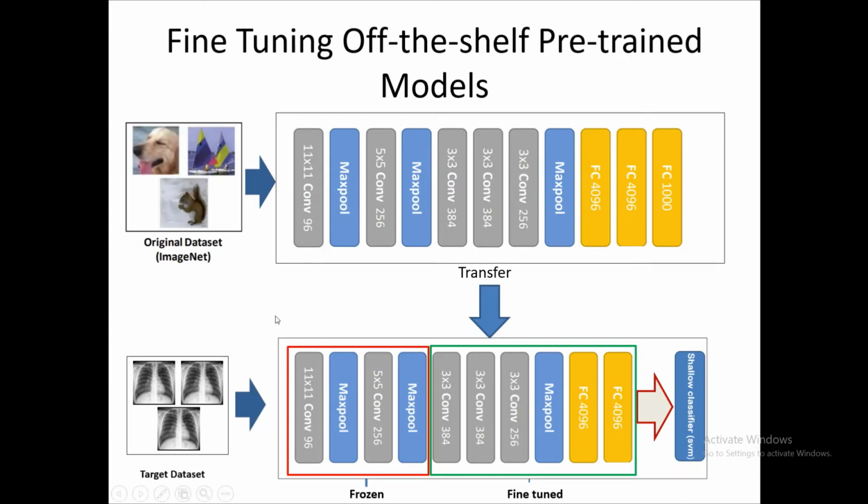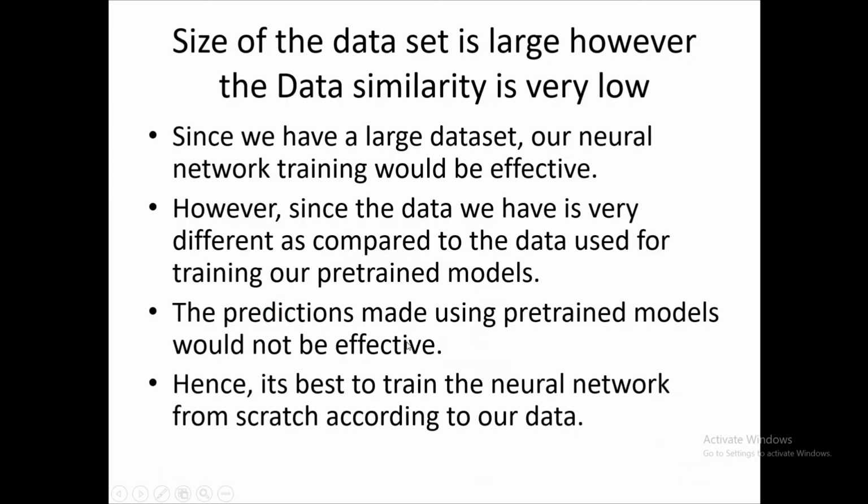Another scenario is when the size of the data set is large, however the data similarity is very low. Here the new data set is large, and as we have a larger data set, our neural network training would be effective.